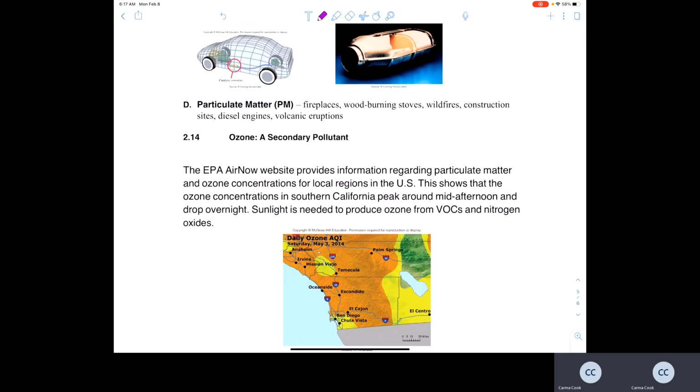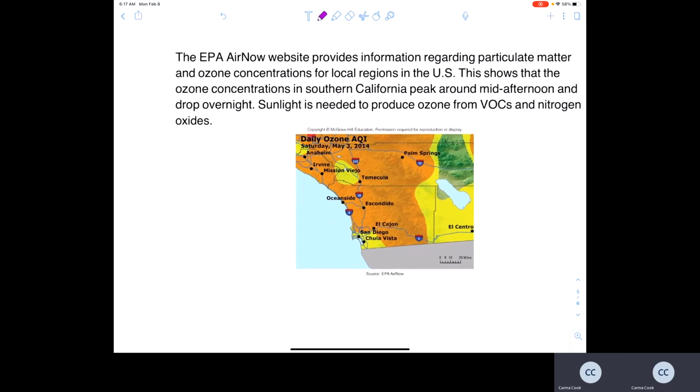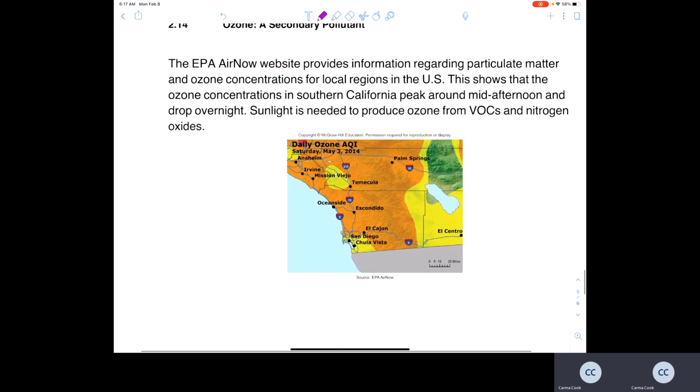Now, ozone can be considered a primary pollutant, but it can also be a secondary pollutant that gets produced from oxygen. And so the EPA has a website called AirNow, and it provides you daily information regarding particulate matter and ozone concentrations for local regions in the United States.